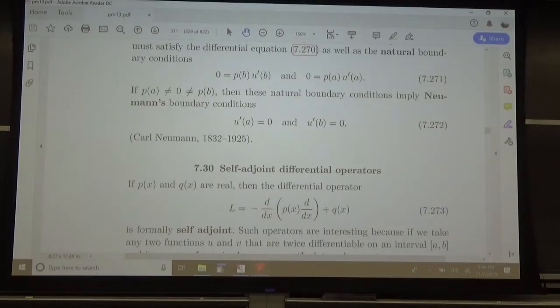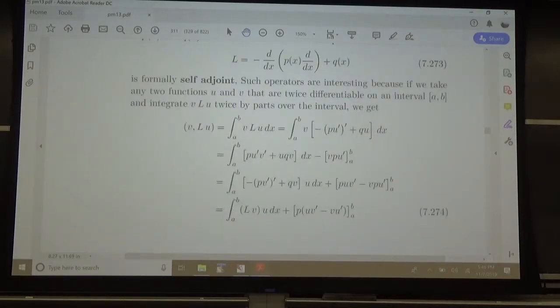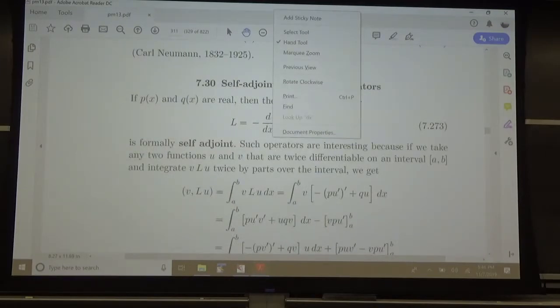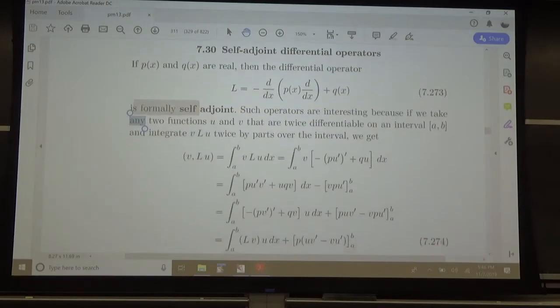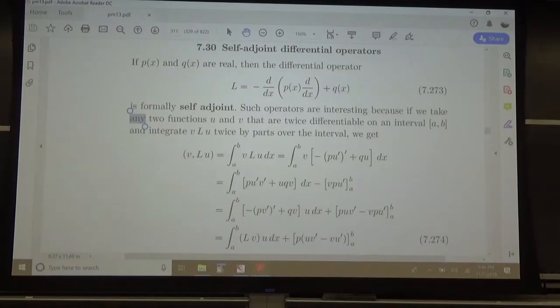So let's see, we were talking about self-adjoint differential operators. We had just done, let's see, we don't have a pointer today.